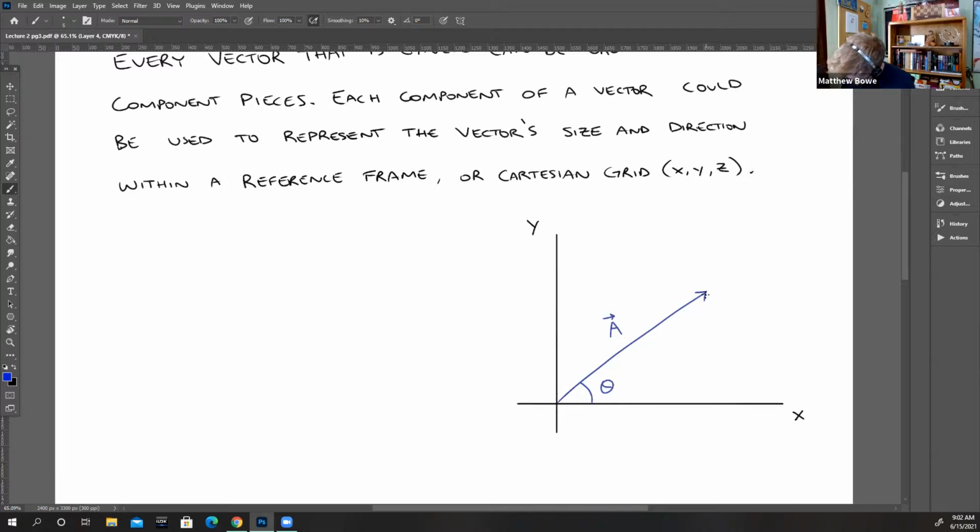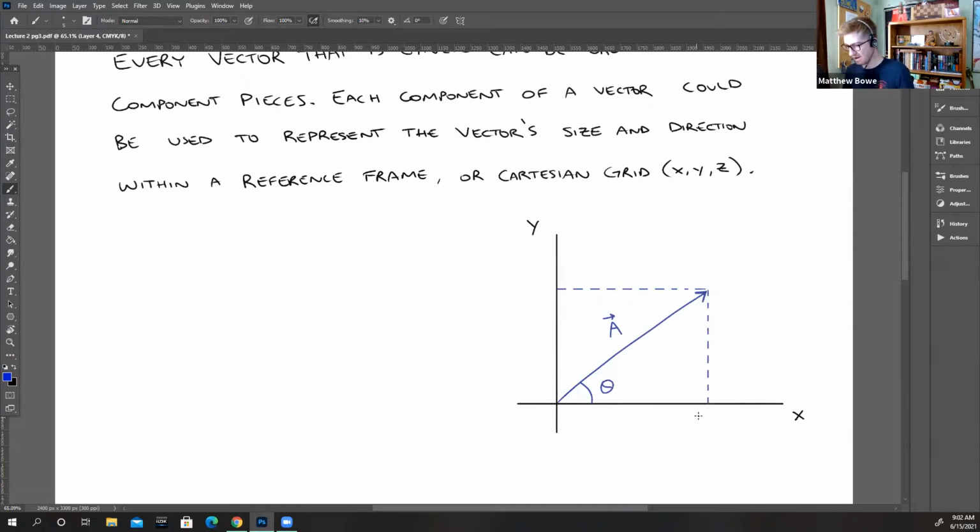Let me introduce some of these ways to break up this vector. So I'm going to be putting some dotted lines down. That is a dotted line, and that is also a dotted line. Okay.